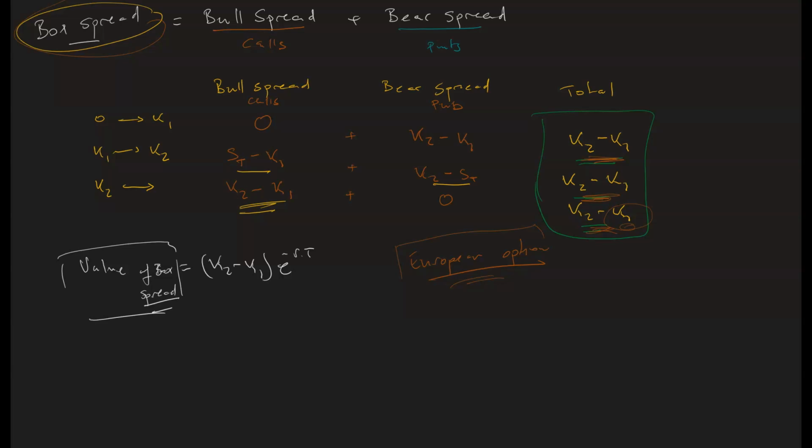And so to find the present value, we simply multiply by the present value factor, which is the exponential of minus the interest rate times the time till the options expire. And you remember, in this case, we're always working with the same underlying, and we're always working with the same maturity.